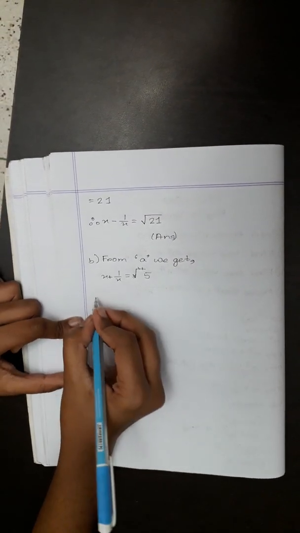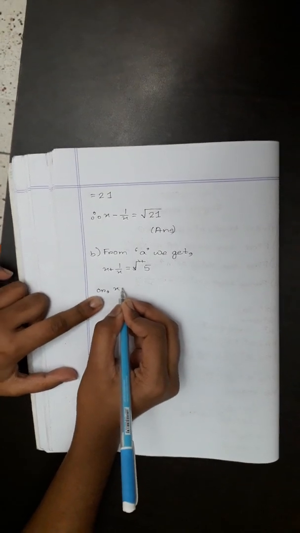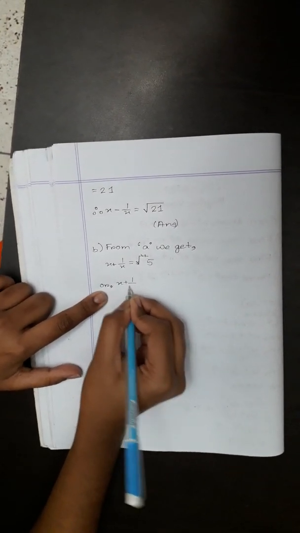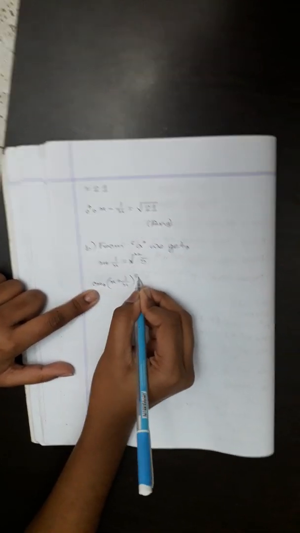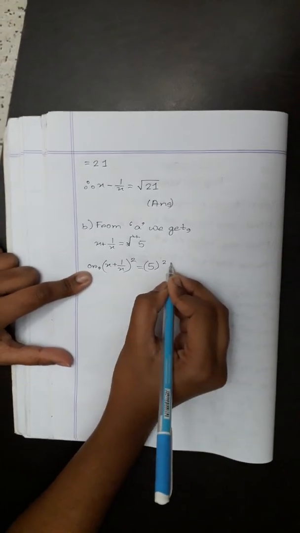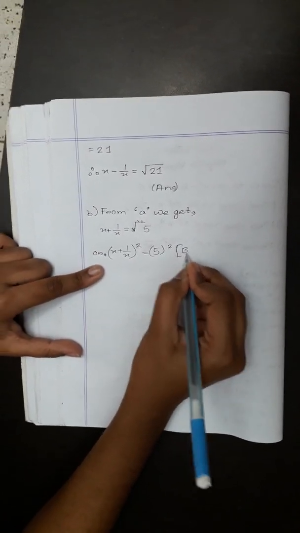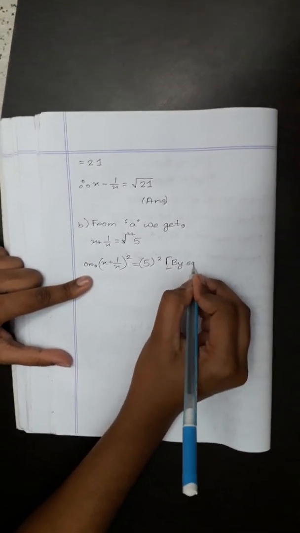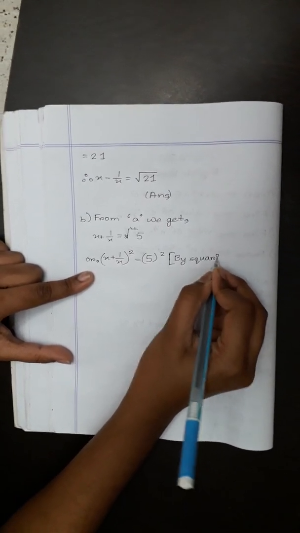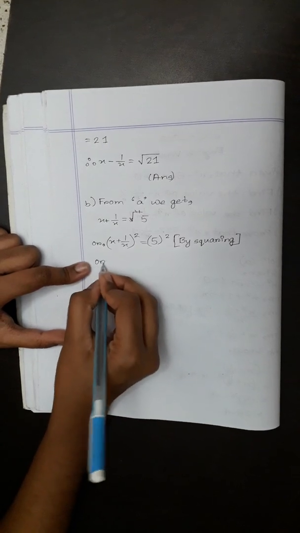Now x squared plus 1/x squared, let's find out. Let's put a square on it first. (x plus 1/x) whole square is equal to 5 whole square. It would be better if we write it as a side note: by squaring. Now let's start the final.